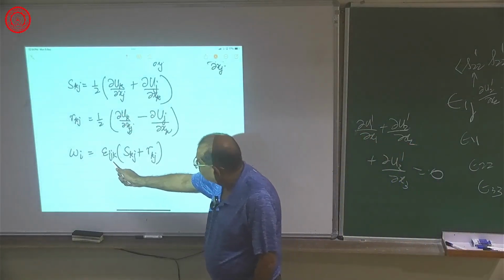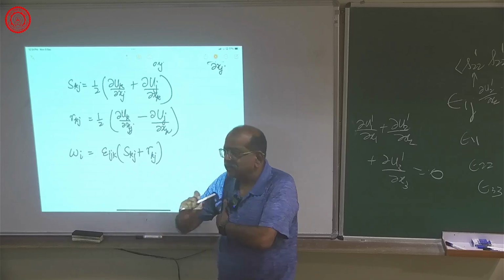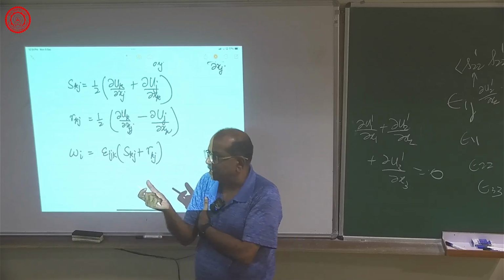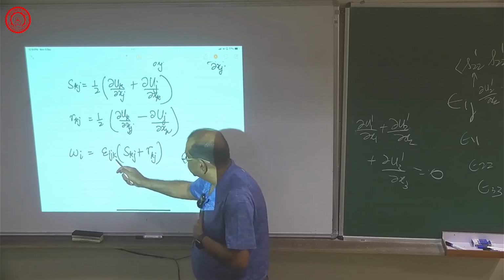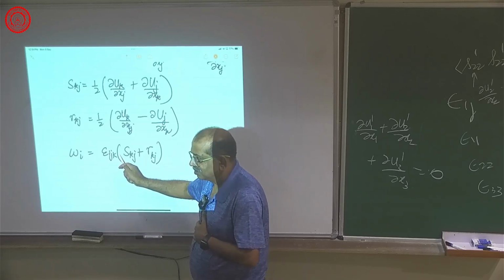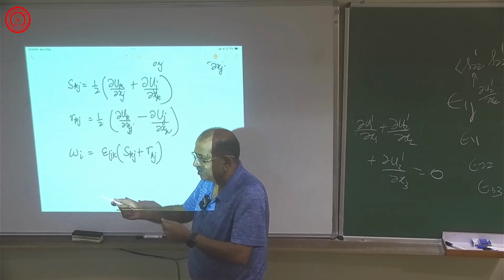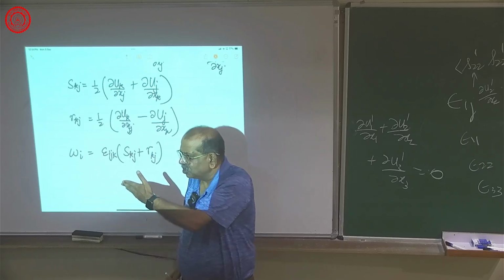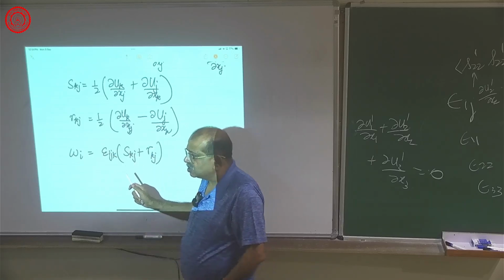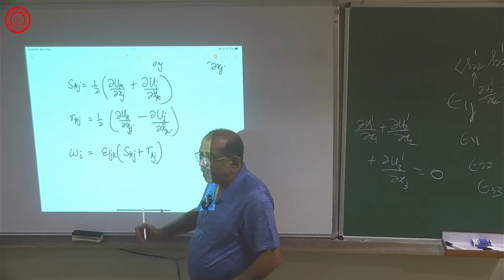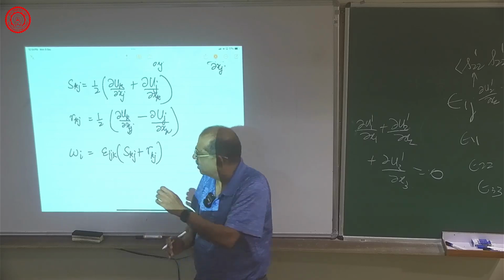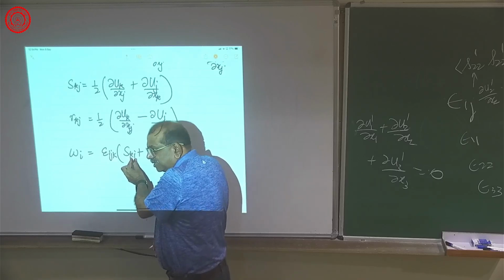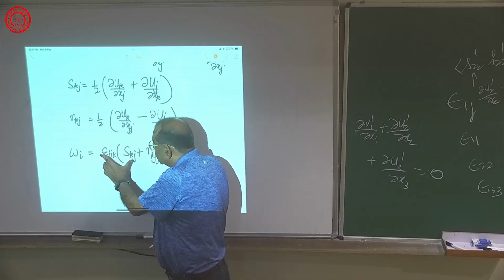Now epsilon ijk is anti-symmetric, because epsilon 1, 2, 3, if you change the order, it becomes minus, and any repeated index gives 0. And skj is symmetric. So any time epsilon ijk is summed upon with a symmetric tensor, the result is 0.